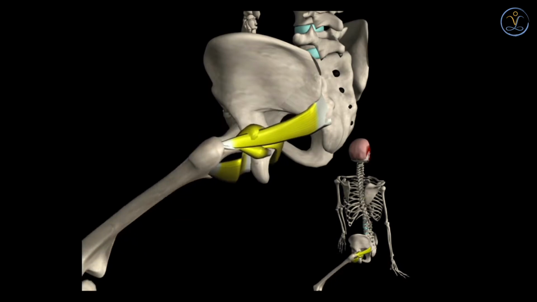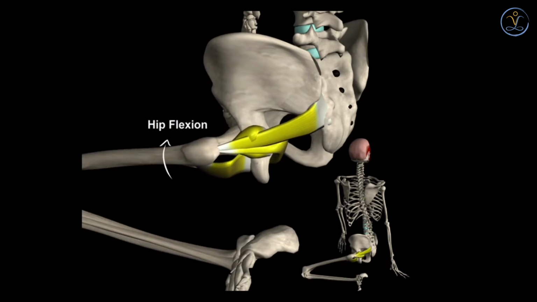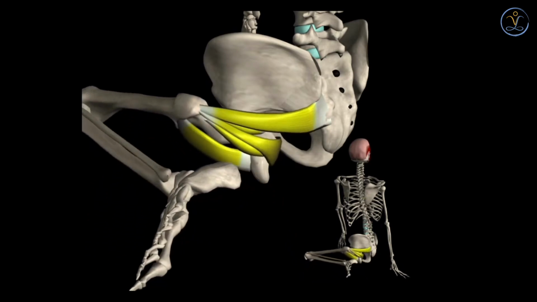The muscle group that laterally rotates the thigh is stretched while combining hip flexion with lateral rotation.